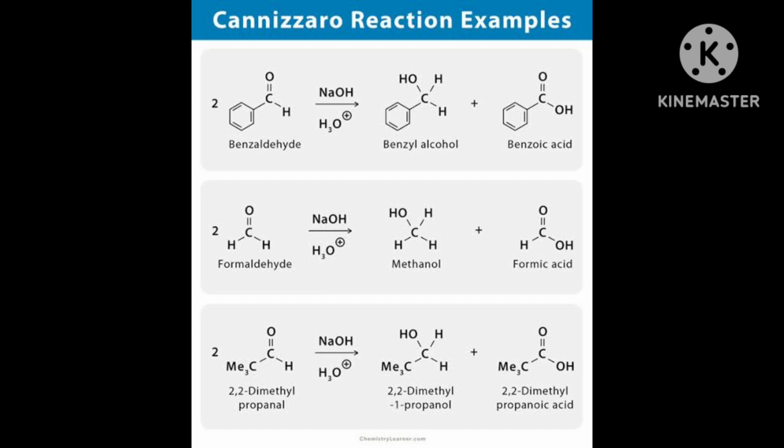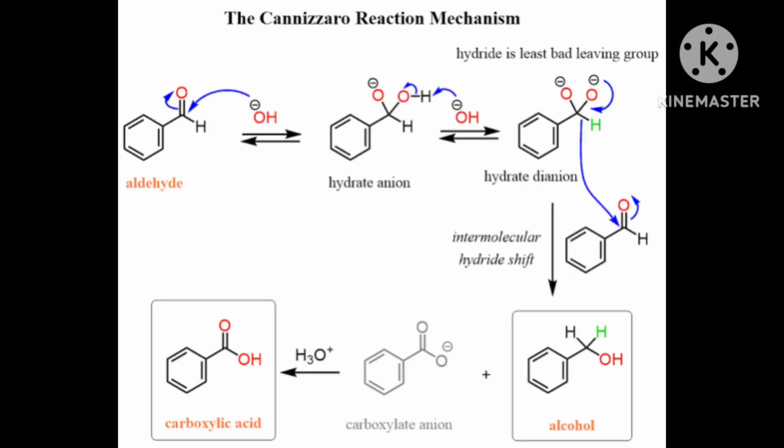Now what will happen: in the first formaldehyde, the C and O double bond will break in the presence of OH ion. KOH gives K plus and OH minus. Why will it break? Because OH is negatively charged.